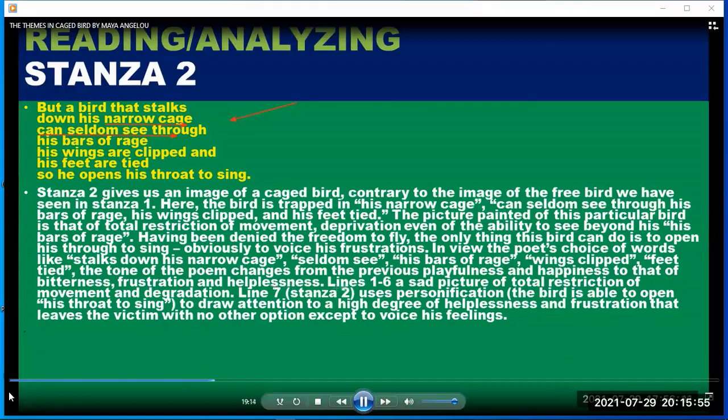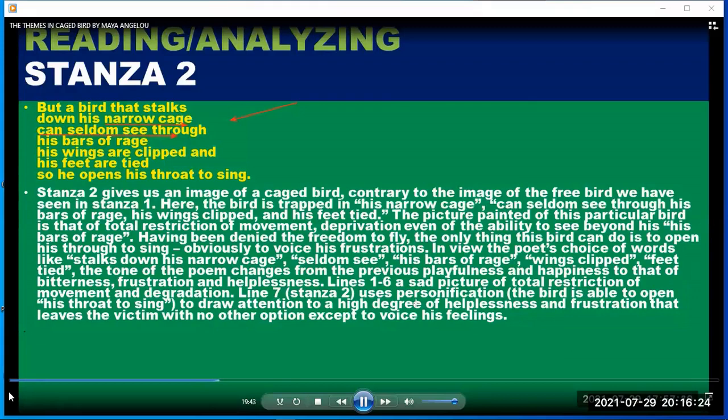So that is exactly what we find here. Lines 1 to 6 give us a sad picture of total restriction of movement and degradation. And in that situation, you discover that the victim is subjected to bitterness, frustration, and helplessness. Those are the pains of enslavement and limitation. And that is what the poem is all about.